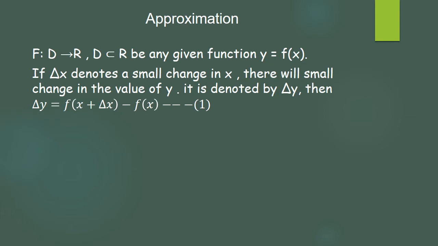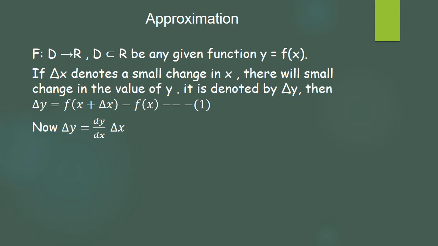Now delta y will be f of x plus delta x minus f of x. We'll call this equation number 1. Now we know that delta y depends upon the change in the value of x, that is delta x, and the rate at which y is changing with respect to x, which is given by dy by dx.